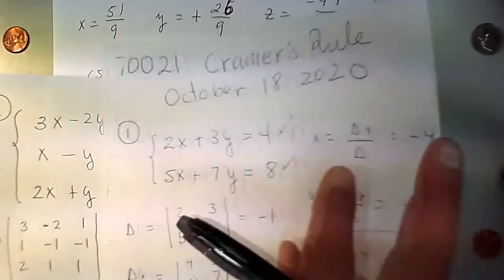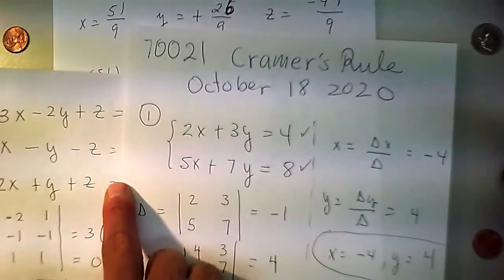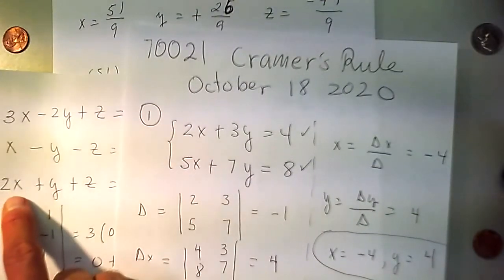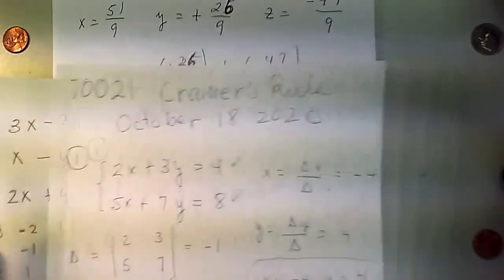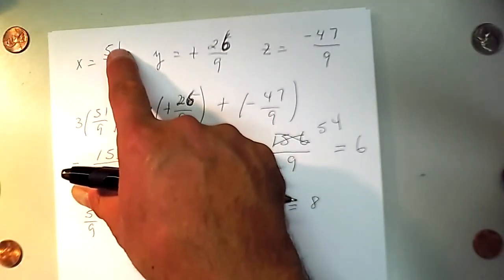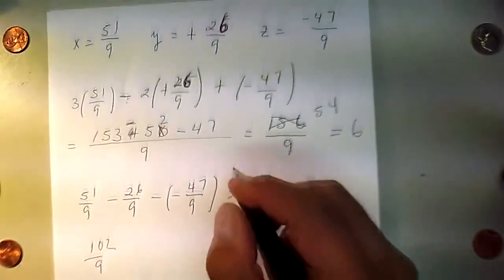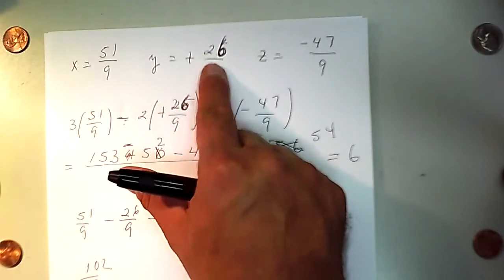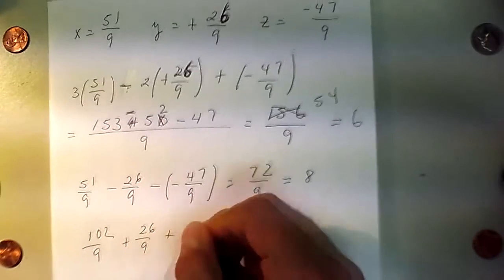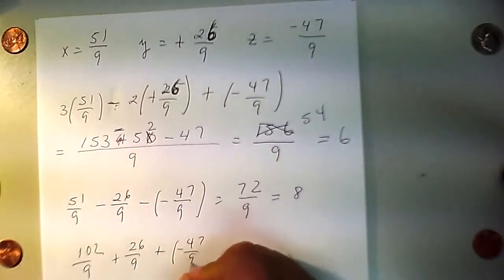Okay, now I'm going to look at the last row, 2x plus y plus z. And I noticed how I'm blocking this. I don't want to know what it is. I kind of remember what it is, but 2 of the first, 1 of the second, 1 of the last. So 2 of those, well, that's 102 over 9. One of those, 26 over 9, plus one of those, negative 47 over 9.